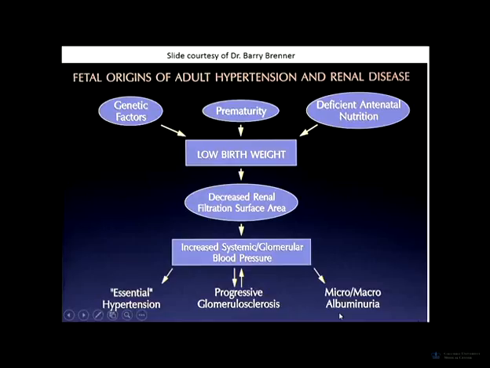The theory behind this is when there is any of these factors resulting in low birth weight, there's a decrease in nephron number.